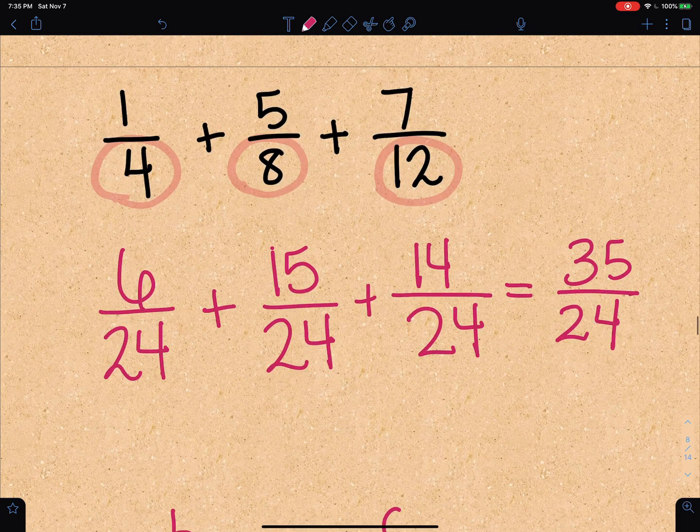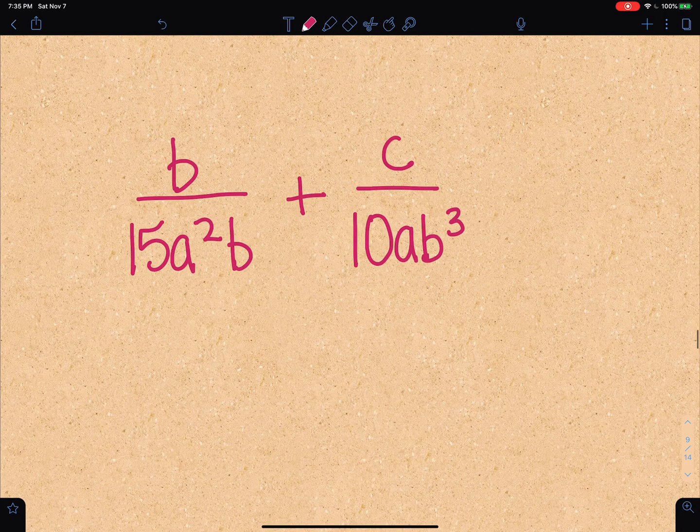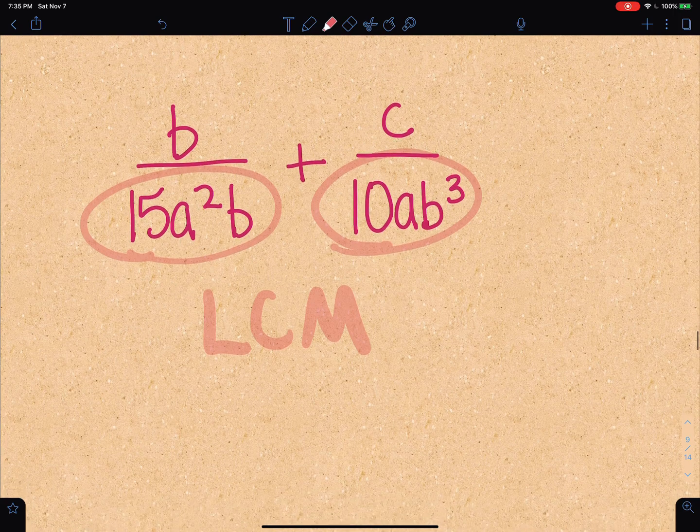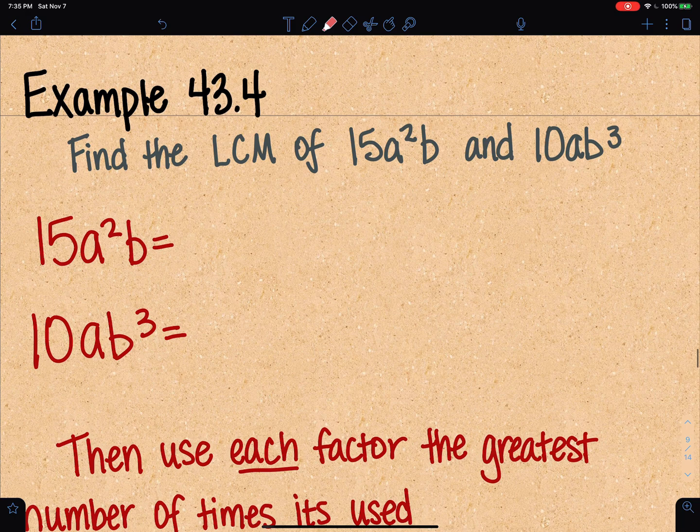Now, just like this problem, you can't figure it out unless you get a common denominator. So to find the common denominator between this and this, you have to find the LCM between those two. That's the next part of this problem. That's the next example. Find the LCM of 15a squared b and 10ab cubed. So what we're going to do is basically the same as before.